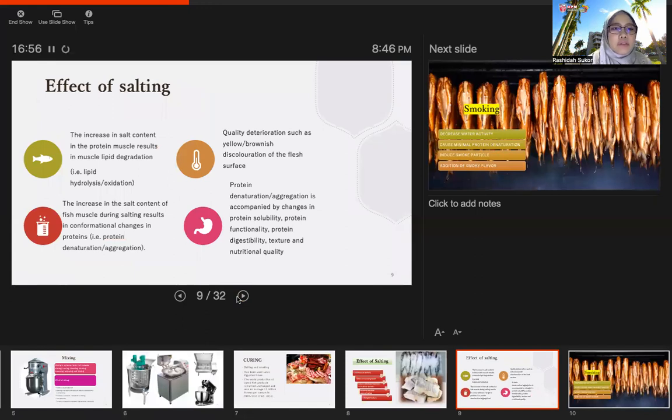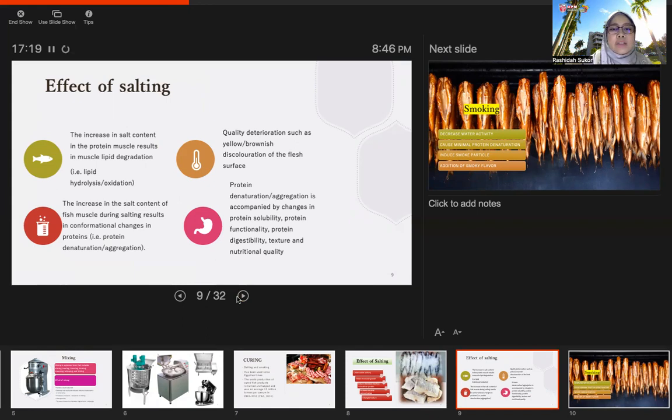Okay, effect of salting. Like I've mentioned, the increase in salt concentration in the protein muscle results in lipid degradation. When we talk about lipid degradation, there will be lipid hydrolysis or lipid oxidation. So the muscle lipid will degrade as the salt content gets higher.